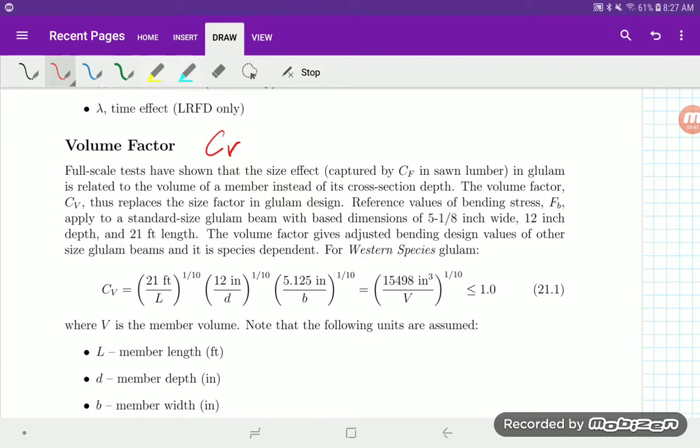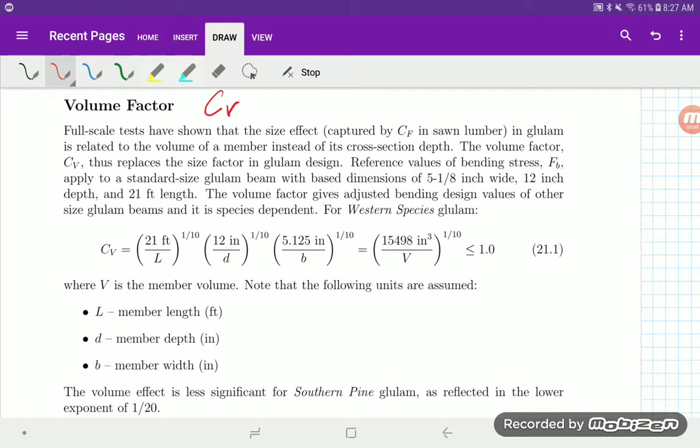But really, it's based on many tests that were done, and many tests that had reference member length, reference member depth, and reference member width. And then if it's Western species, that's Douglas fir, and a lot of the timber that we use here in Oregon and the Northwest is Western species instead of Southern pine.